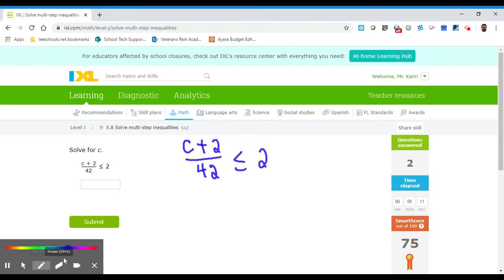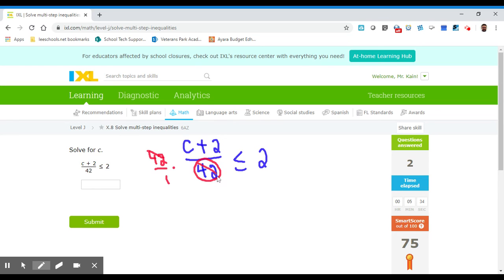So what do we have to do? Whenever you have a fraction and it's just a fraction, this whole thing is a term. So you need to eliminate the fraction.